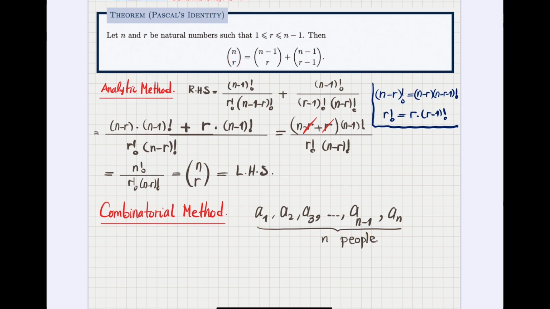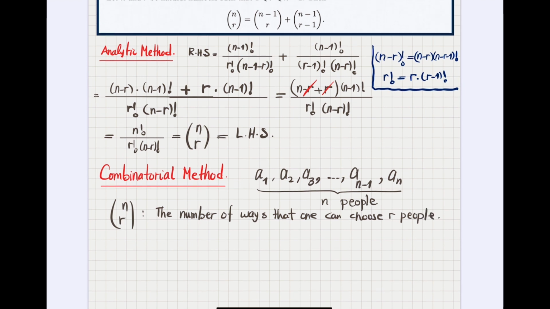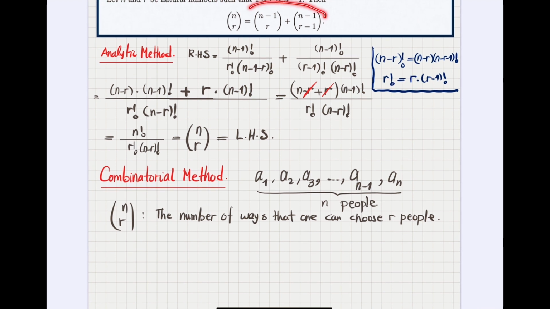Okay, so I would say that n choose r is the number of ways that one can choose r people. Okay, but I hope that you can see what is going on.